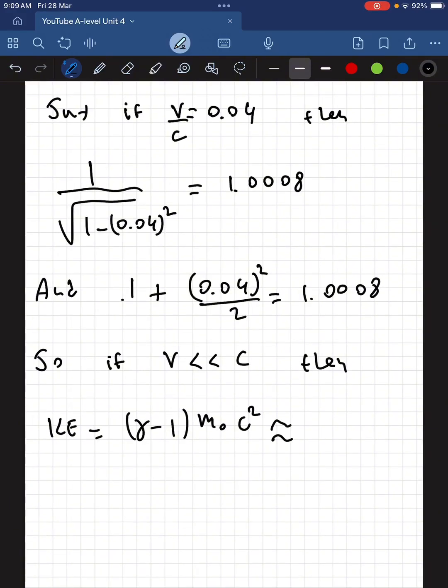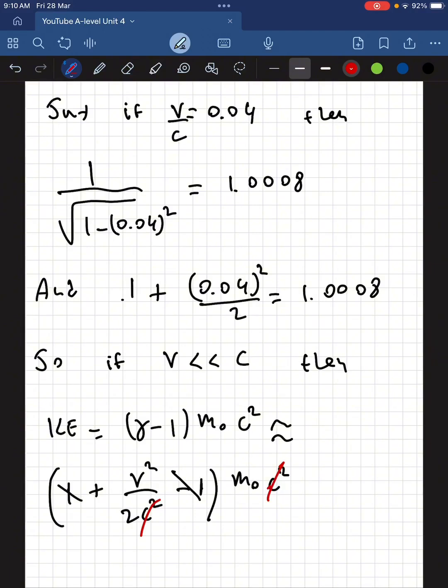So this becomes (1 plus v squared over 2c squared minus 1) mu c squared. These cancel, and this also cancels. So we get 1/2 mu v squared. So we recover the kinetic energy we are familiar with in Newtonian physics. So it all makes sense, hopefully.